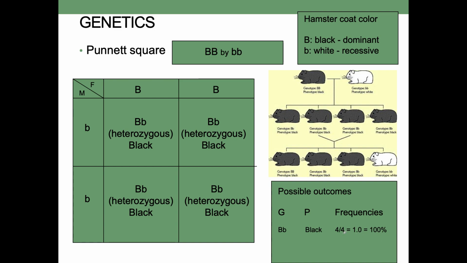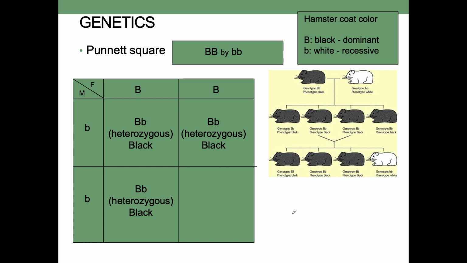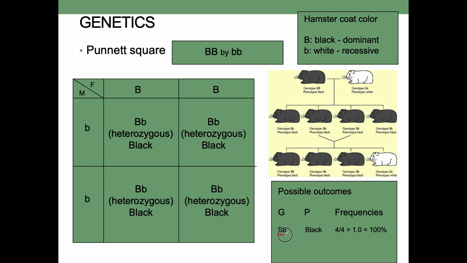So in terms of genotype and phenotype frequencies, there's only one genotype and there's only one phenotype. So there's four possible combinations, one, two, three, four, and all four of them have the same genotype and phenotype. So in this case, they're both present at 100% in this generation.